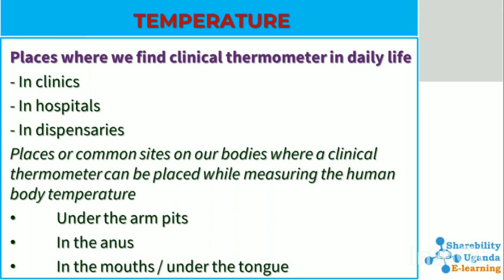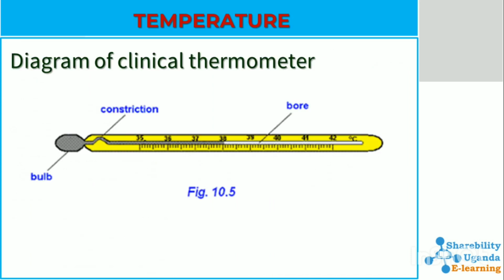Common body parts where clinical thermometers can be placed to determine the body temperature are the armpits, the anus, and the mouth, under our tongues. So when you go to a hospital and the doctor or nurse wants to determine your body temperature, they will put the clinical thermometer in one of those places.